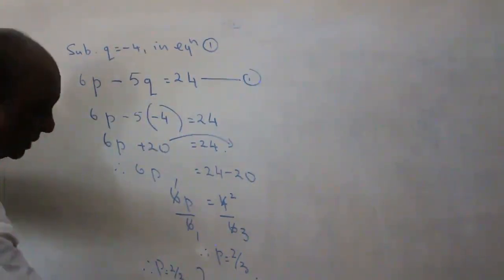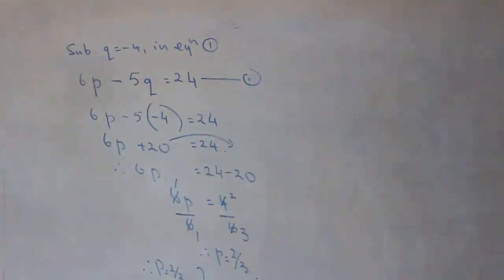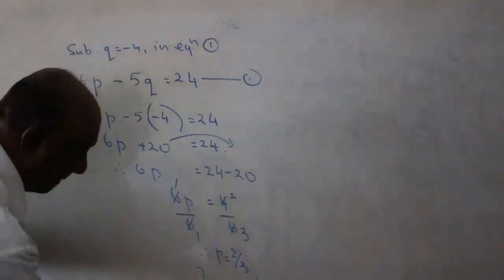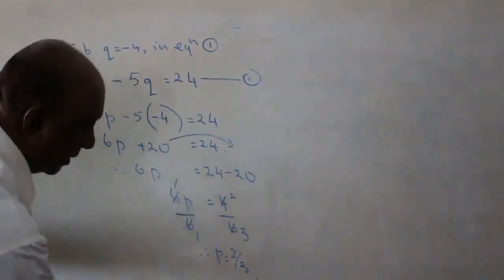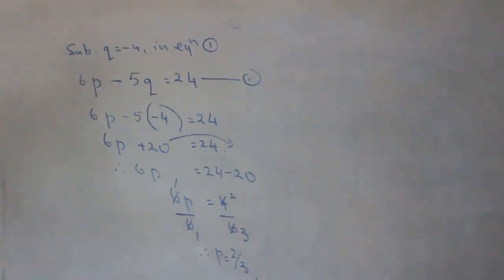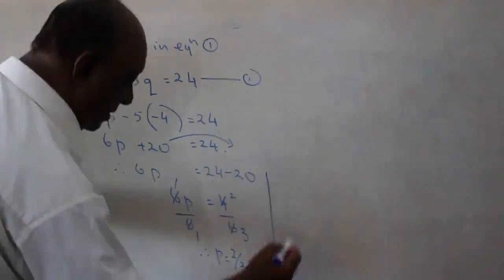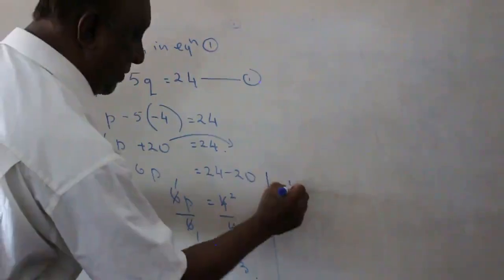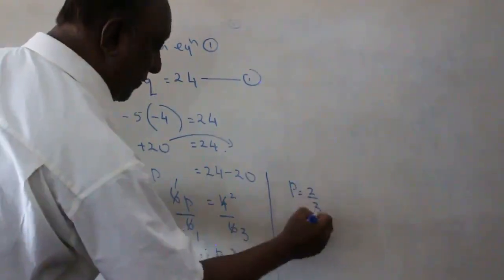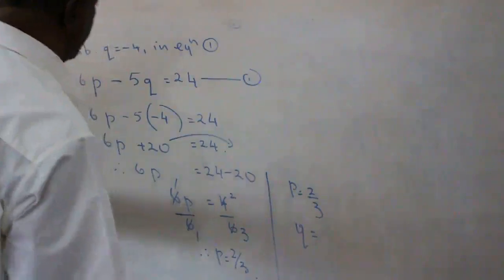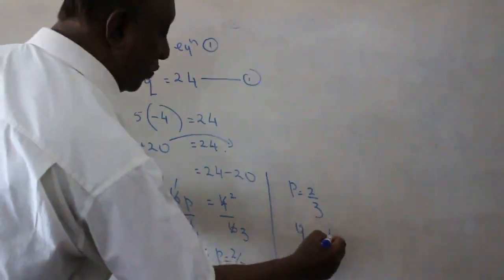That will be the answer. P will be equal to 2 over 3 and Q will be equal to minus 4. We'll write over here, can't see it otherwise.